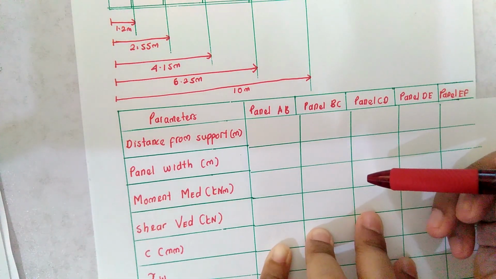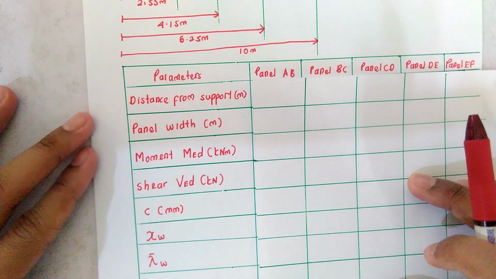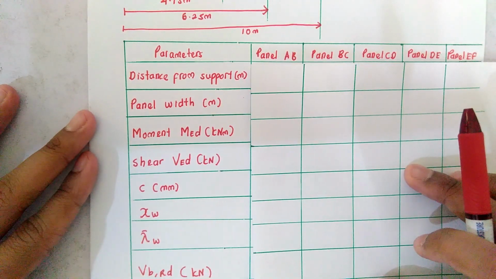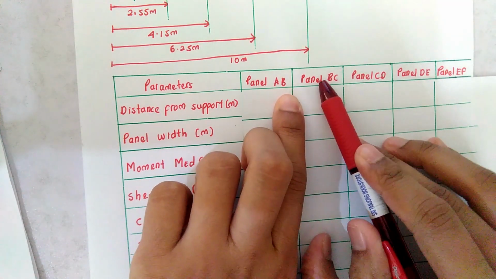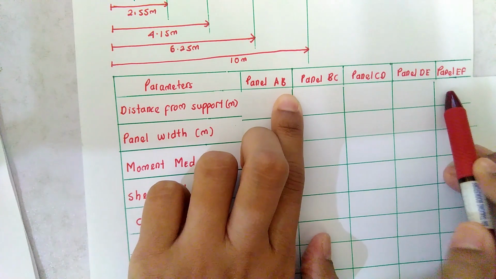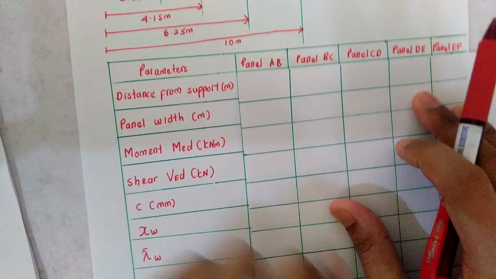Before you carry out the shear buckling resistance check, I would like all of you to come up with this table. If you look at this table, you have the parameters and panels AB, BC, CD, DE, and EF, which are the panels I mentioned earlier.